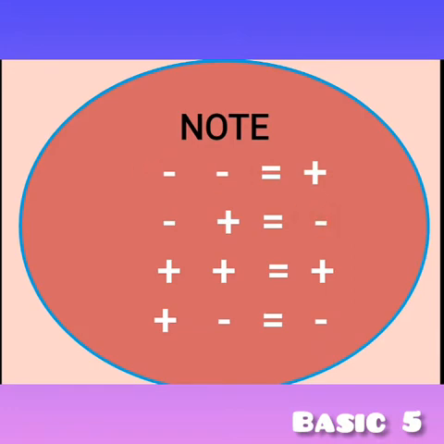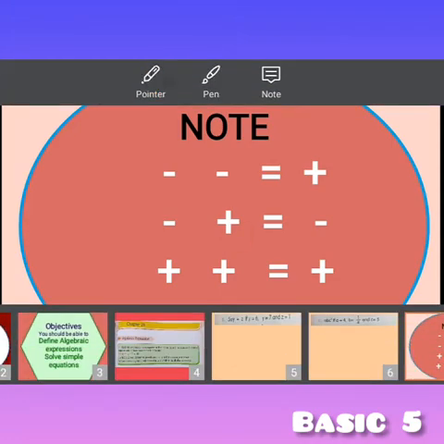Minus minus equals plus. When we have two minuses, you add. When we have plus and plus, you add. And when you have plus minus, you subtract. When we move further, you will understand better what we are showcasing here.